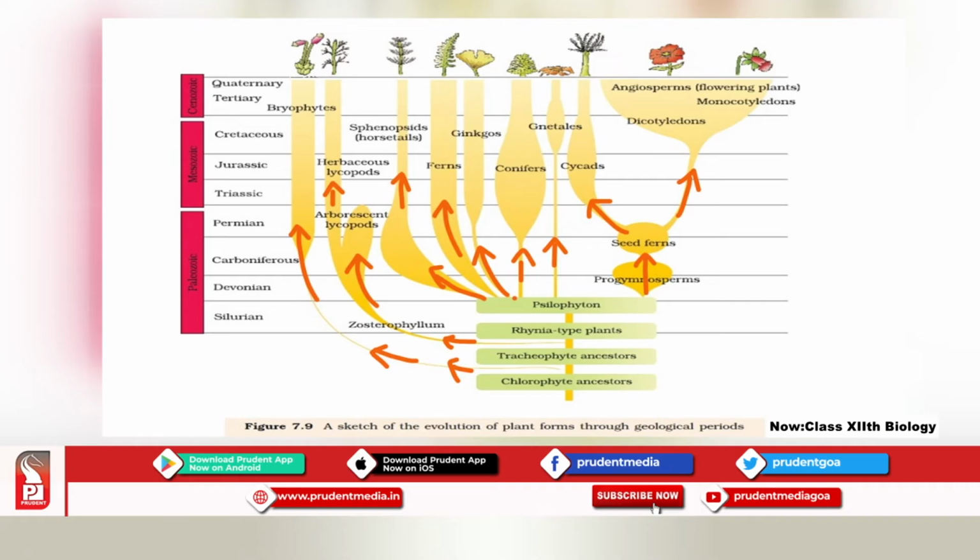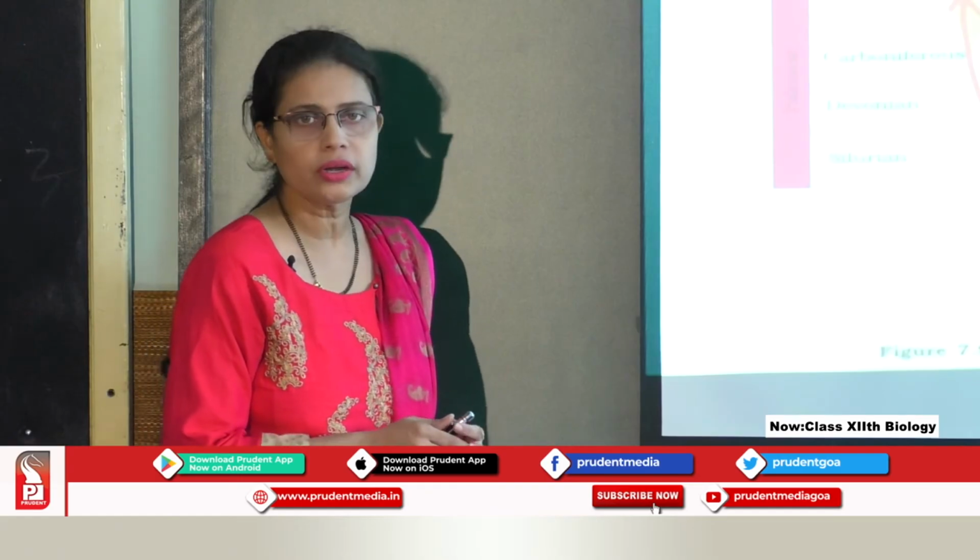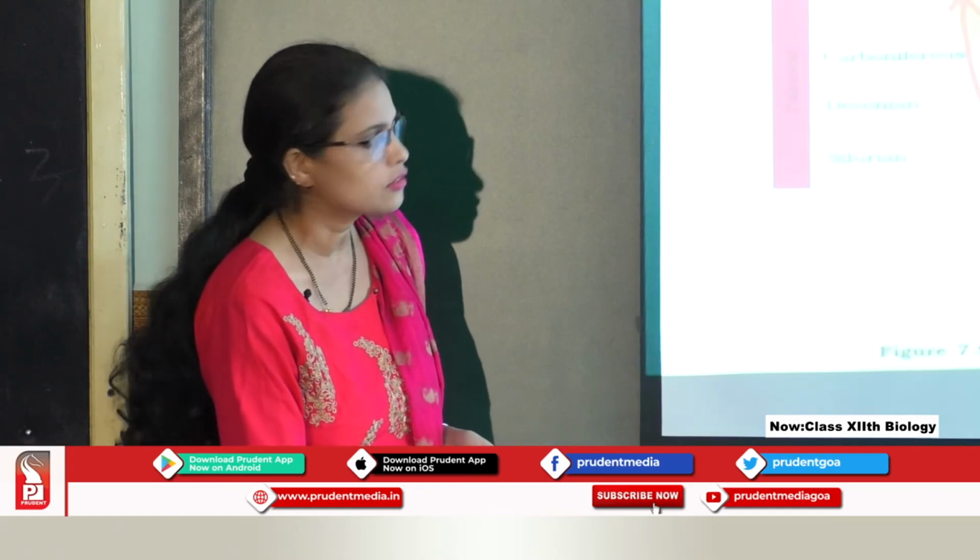So Ginkgo, then conifers, Gnetales, cycads, those are all the different types of gymnosperms. So Xylophyton can be considered a common ancestor for gymnosperms, and one line of evolution has also gone towards the present day ferns. So ferns, gymnosperms and the angiosperms with dicot and monocot individuals.